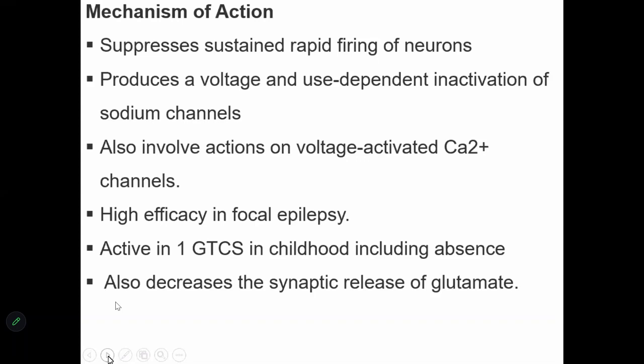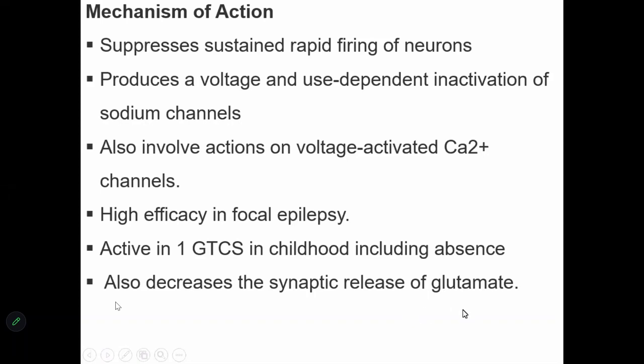So it is active in primary generalized tonic-clonic seizures, especially in childhood, and any drug that influences especially the T-type calcium channels is very good at controlling the absences.